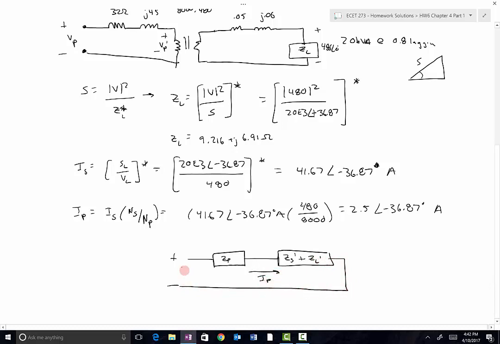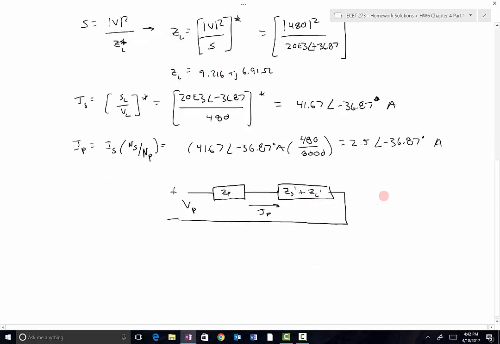That's primary current. That's VP. So VP is just IP times ZP plus ZS prime plus ZL prime, where these have been referred over. So I've got that. I don't know these values yet. I haven't calculated them, right? I've got ZL and ZS, but I need to calculate what they are.